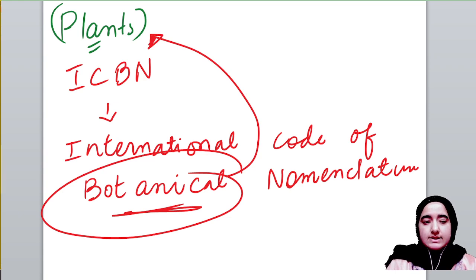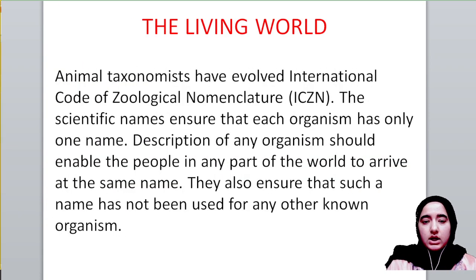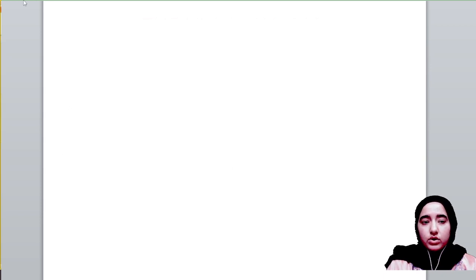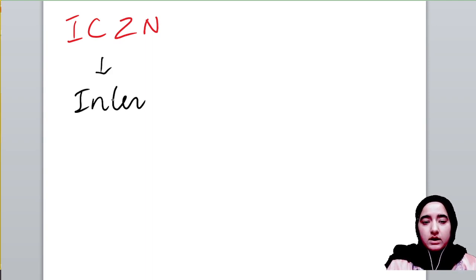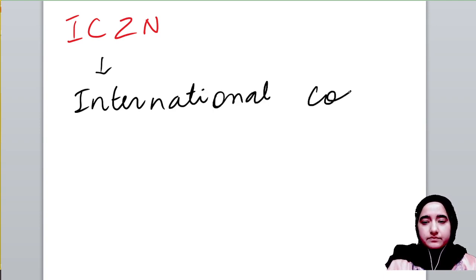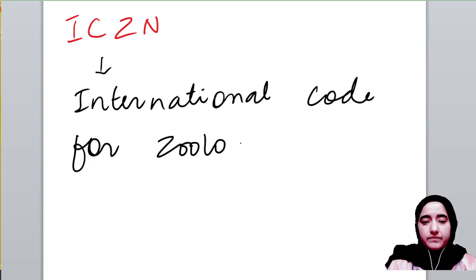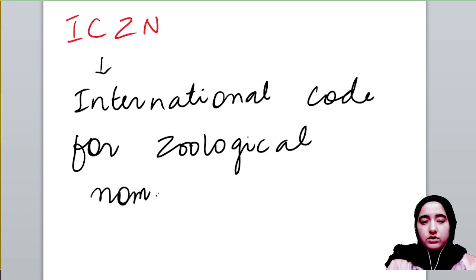Similarly, animal taxonomists evolved their own code known as International Code for Zoological Nomenclature.